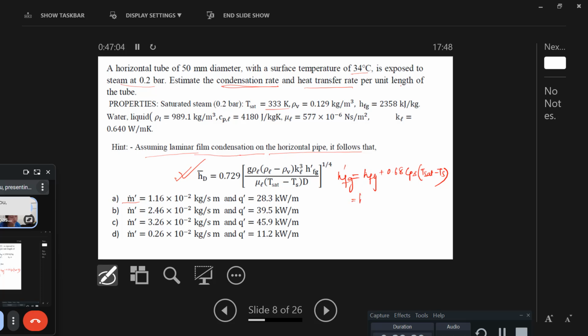We can also write this as HFG into 1 plus 0.68 times CP delta T divided by HFG. This is known as the Jakob number.